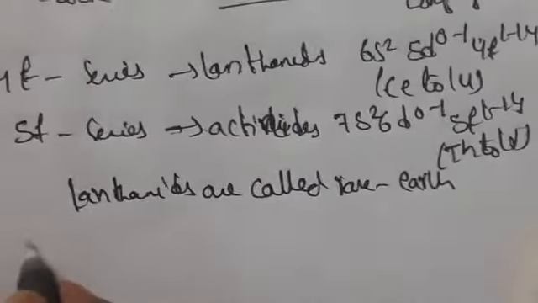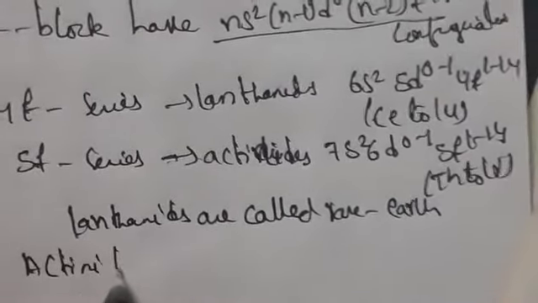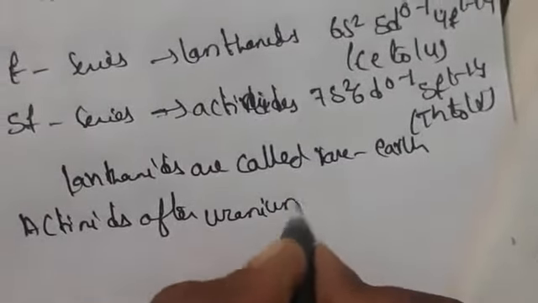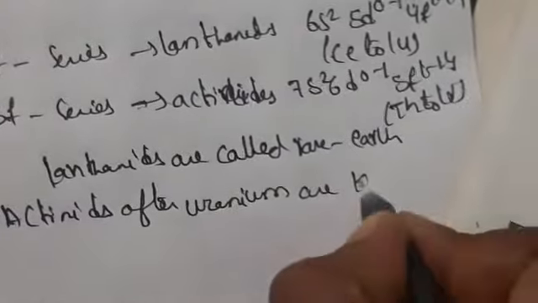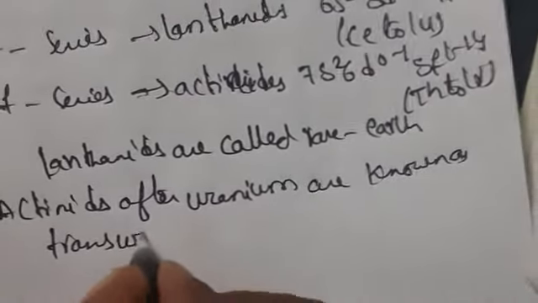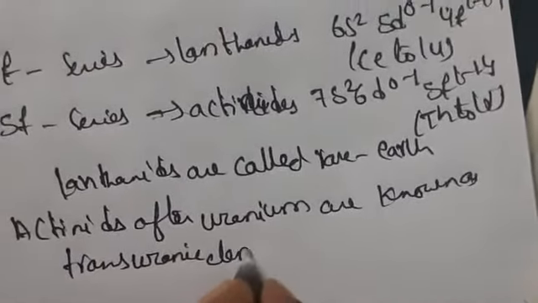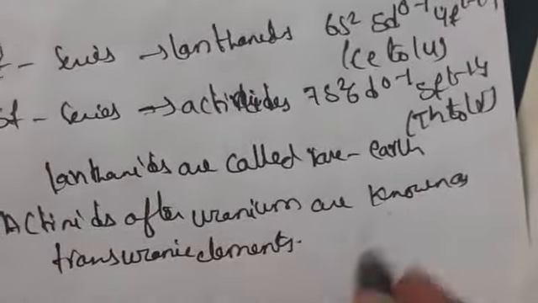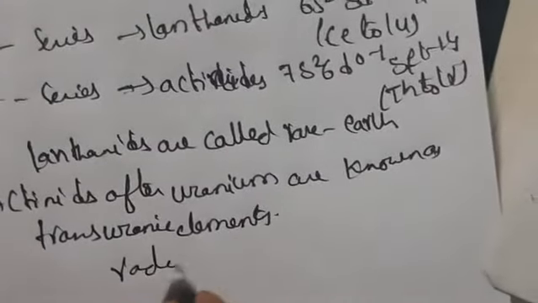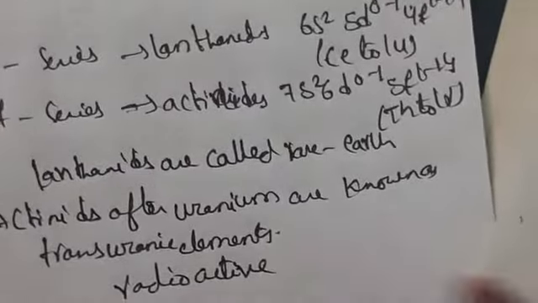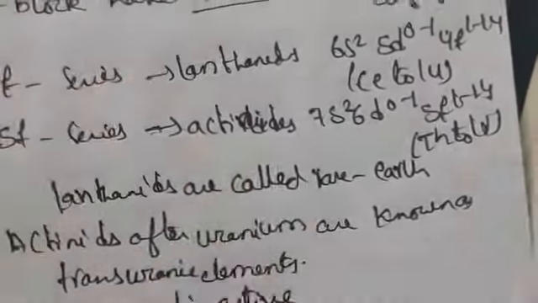And coming to actinides, the actinides after uranium are known as transuranic elements. All the actinides, and all synthetic elements we are taking, are radioactive elements.